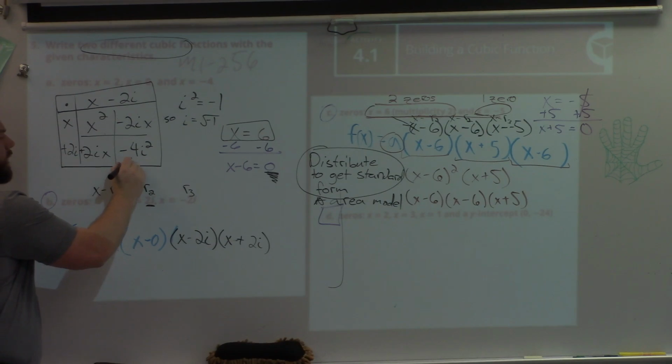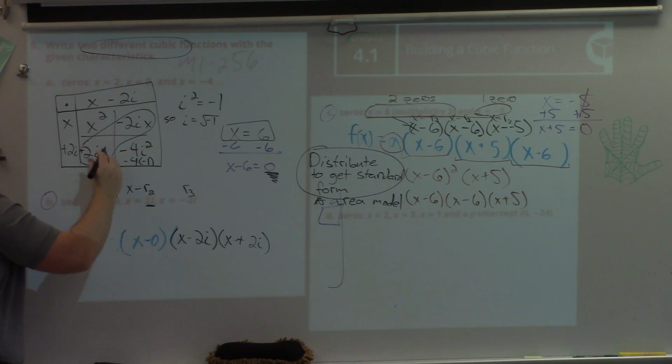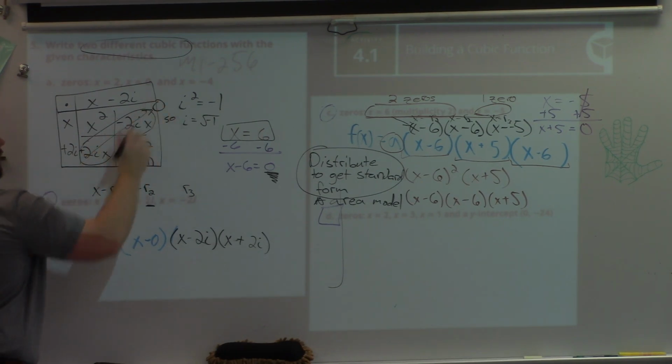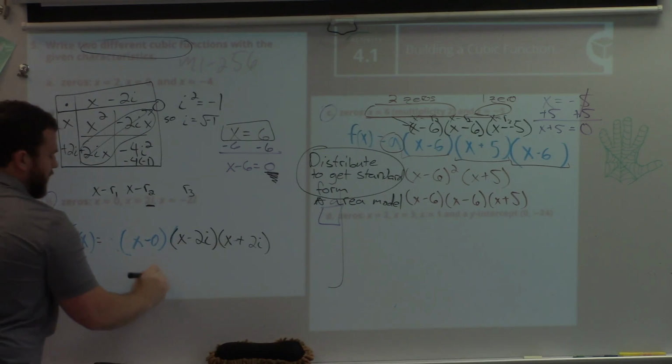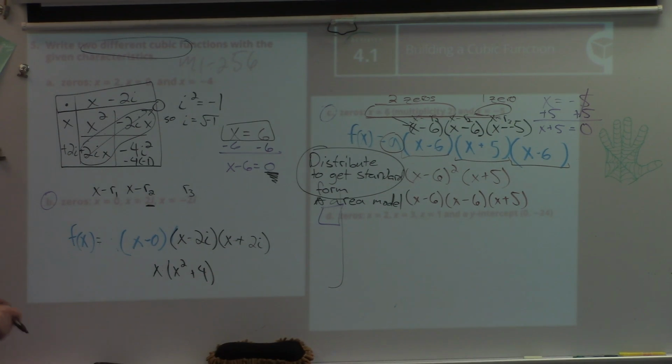And so really, what this is negative 4 times negative 1. And what is negative 4 times negative 1? Positive what? 4. Notice these are like terms but opposites, so they're going to add up to 0. And so what I have is x times x squared plus 4. So I just want to remind you a little bit with that imaginary number.